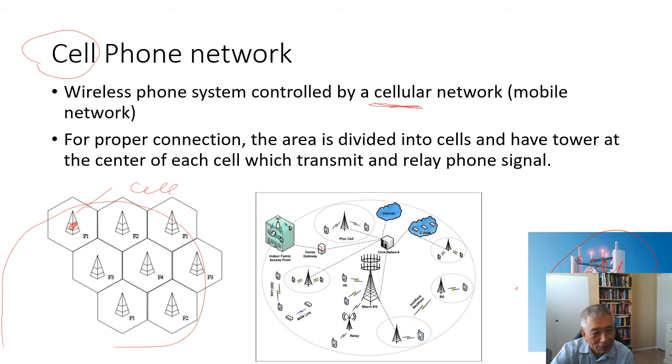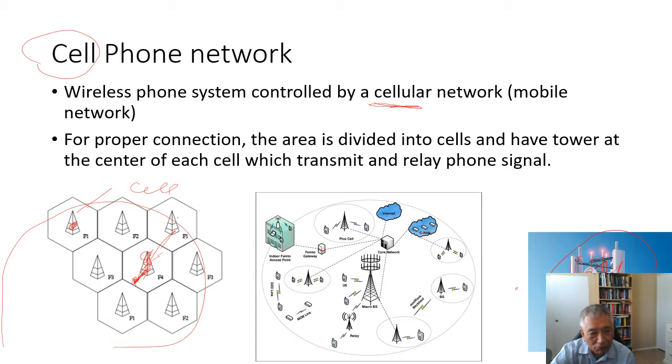So you are sitting here and talking, and you are using the nearest tower. Then you call your friend whose number is 41736. This tower is also connected to a base station, so they know. Your friend at the other number happens to be over here, and you cannot reach directly.